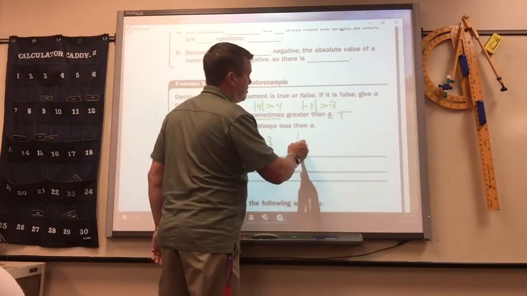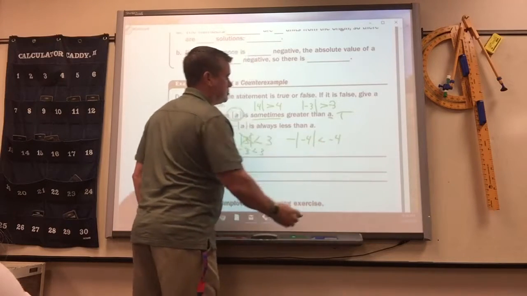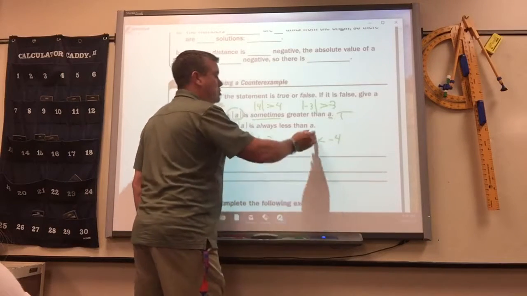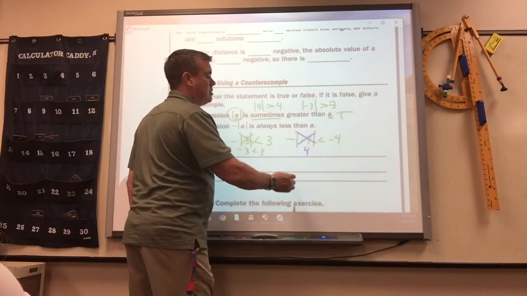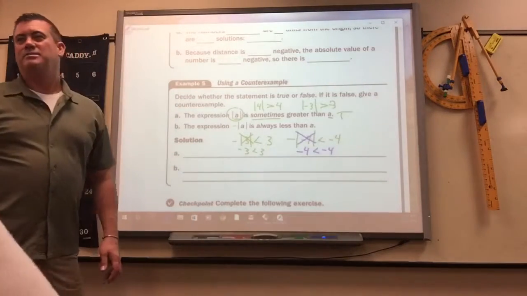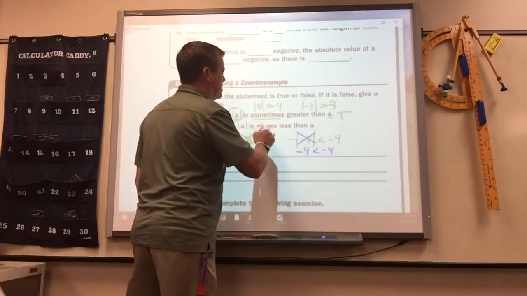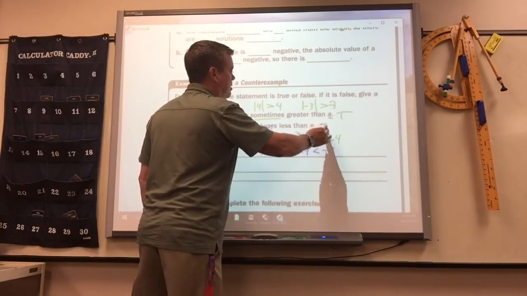If I chose a negative number then, this would change to 4, right? But the negative would stay there. Is that less than negative 4? No, it's not. So it's not always, it would just be sometimes. So this would be false.